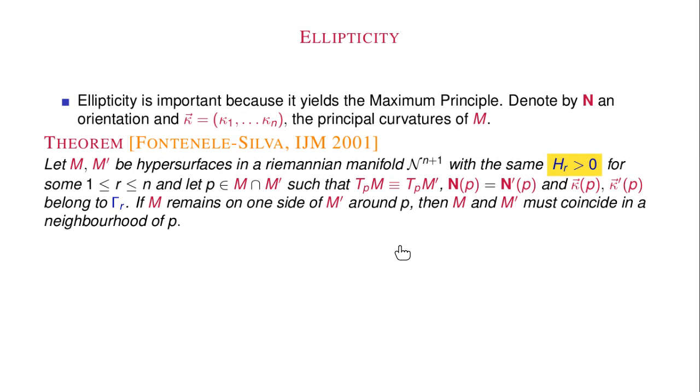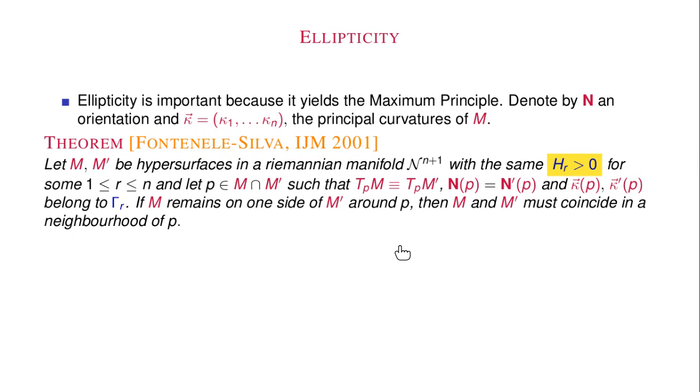So you take two hypersurfaces in a Riemannian manifold with the same H_r positive. You take a point where the two hypersurfaces are tangent, have the same normal, and your vector of principal curvatures belongs to this positive cone that I told you before. Then you have the maximum principle.